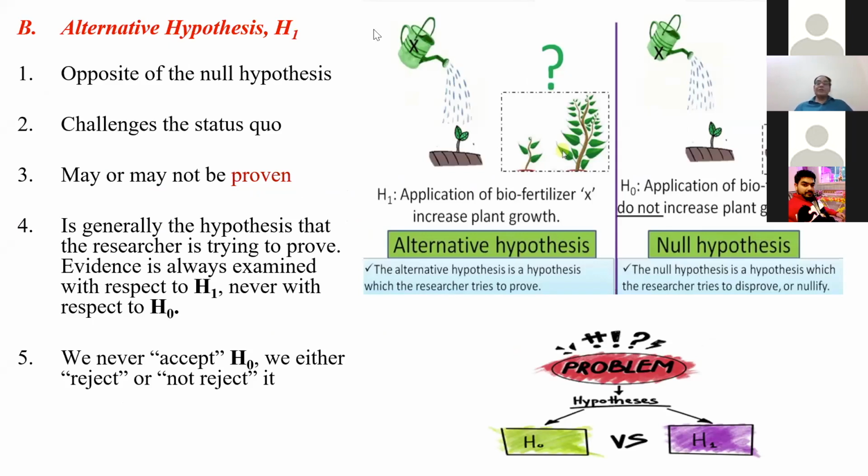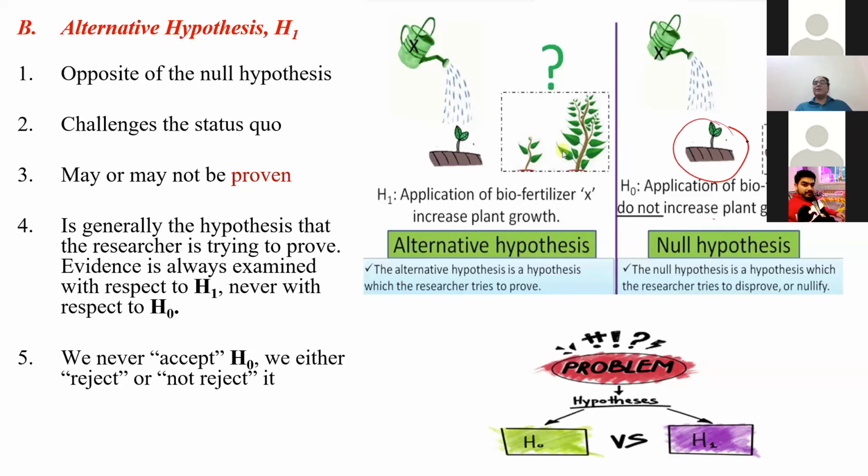Now you can see in these two diagrams, there are two plants, and if I give biofertilizer to this plant, the growth is better. So this is my null hypothesis: fertilizer does not increase plant growth. The application of fertilizer will not change any growth.